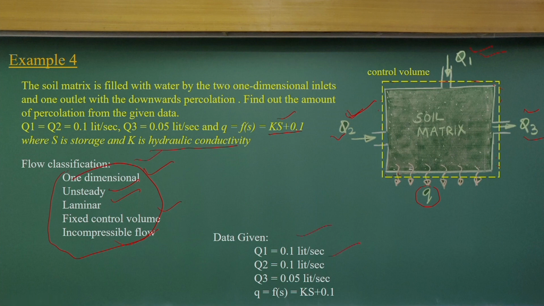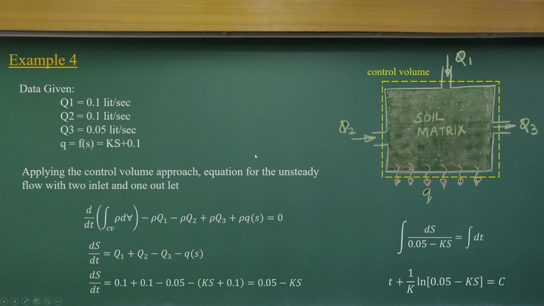The data given are Q1, Q2 and Q3 in liters per second, and q as a function of Kx plus 0.1, a linear function between the storage and q, where K is a constant quantity. Now that I have simplified the problem, I have to apply the basic mass conservation equation under this control volume.